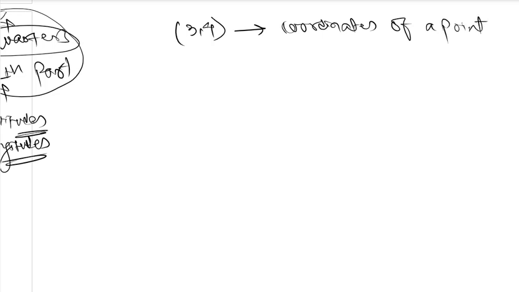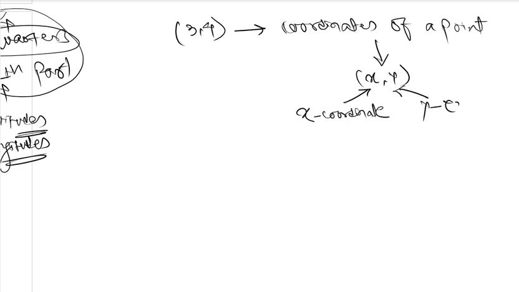Now always remember, coordinates of a point are always in the form of x comma y. So the first coordinate of the ordered pair is always the x coordinate. The second coordinate is always the y coordinate.